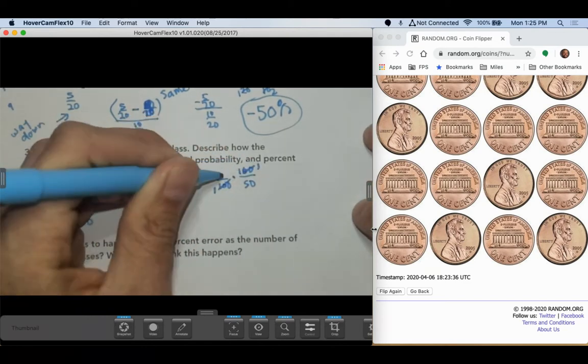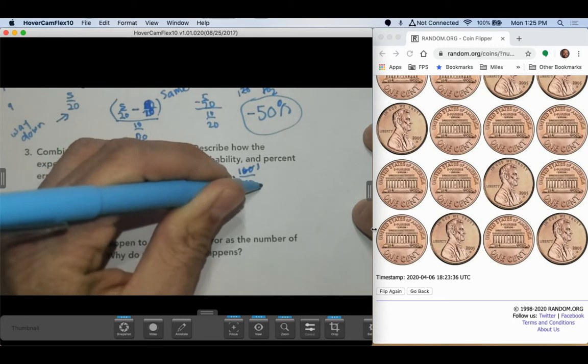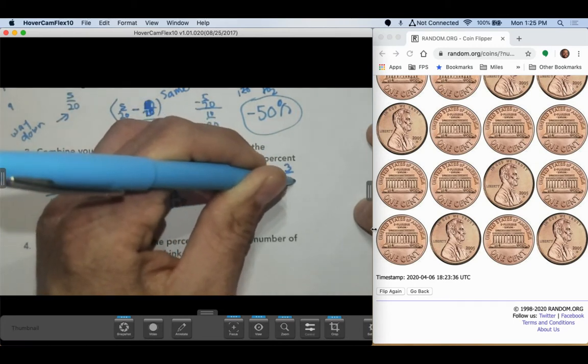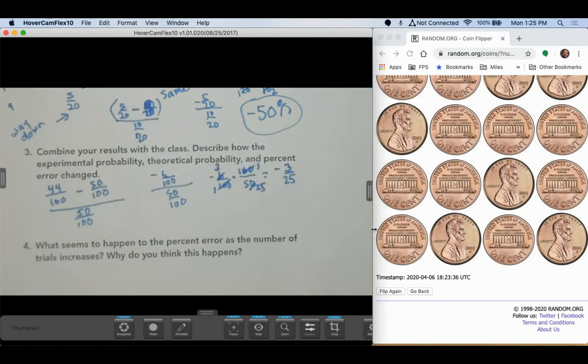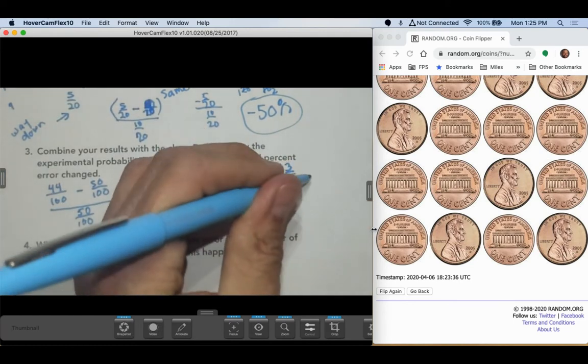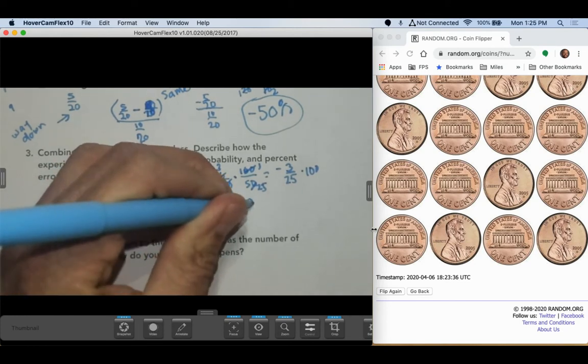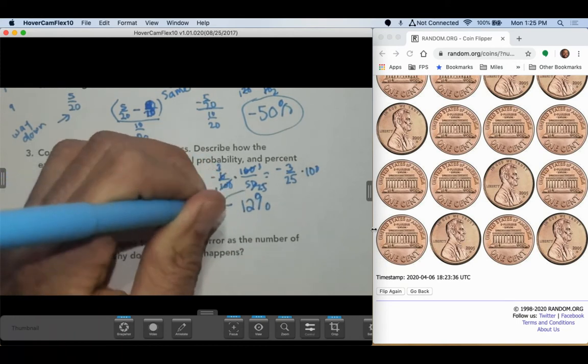Reduces down, 3 over 25. And so this would be equal to negative 3 over 25. And I would times that by 100 because that's the rest of the thing. And once I do that, I take 3 divided by 25 times 100, and I get negative 12%.